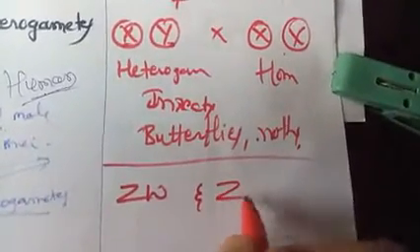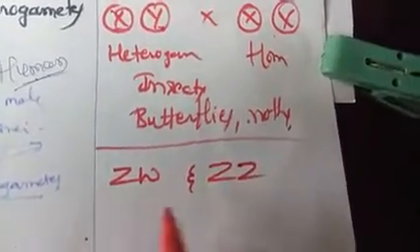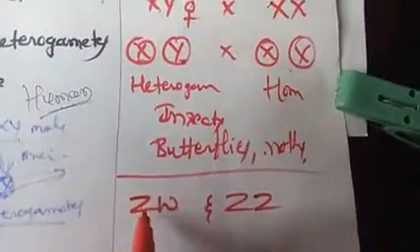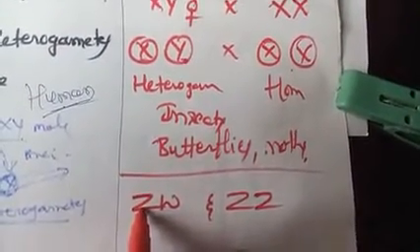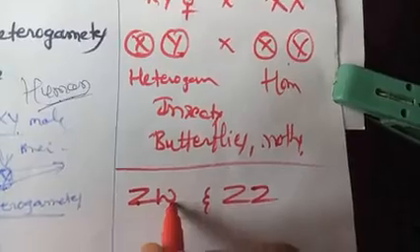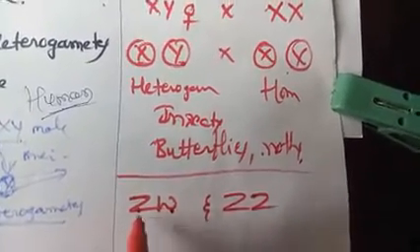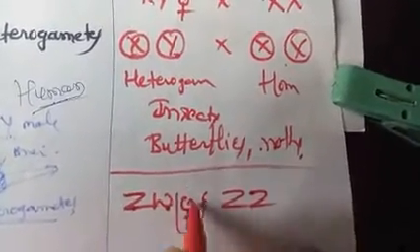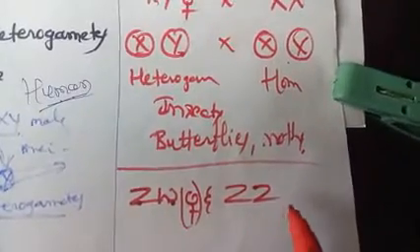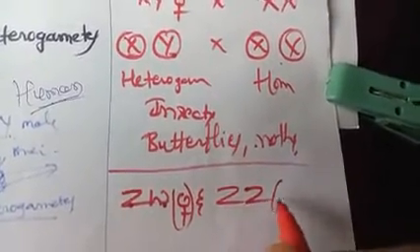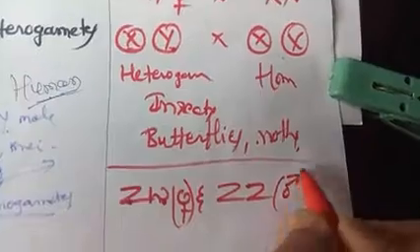Even this type of sex determination can be seen as female heterogamety, that is ZW, and male homogamety, that is ZZ. Here instead of X we see the Z chromosome, and instead of Y we see the W chromosome. The female has the ZW component and the male has the ZZ component.